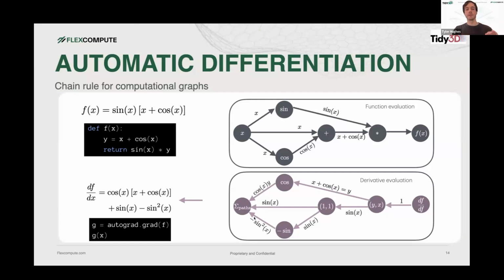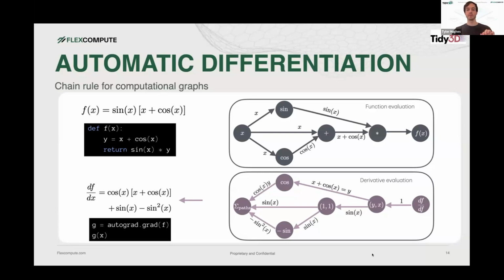So when you write a function f of x, a tool like AutoGrad will know all of the derivatives for cosine, sine, multiplication, etc. And it'll be able to construct and evaluate these reverse graphs in the background. So as you execute f of x, it can construct the graph. And then when you ask for the gradient of f, it can return you a new function that does this whole process behind the scenes. And you don't need to derive any complicated expressions at all.